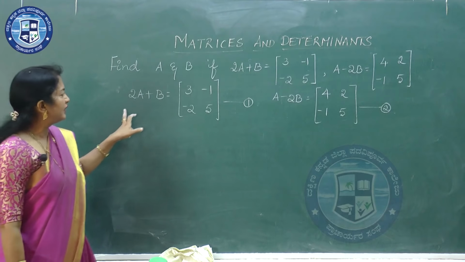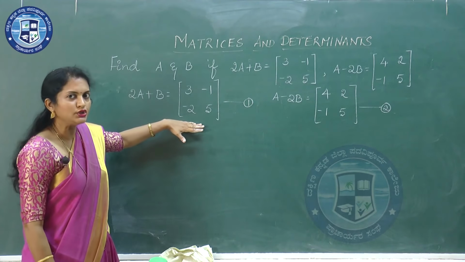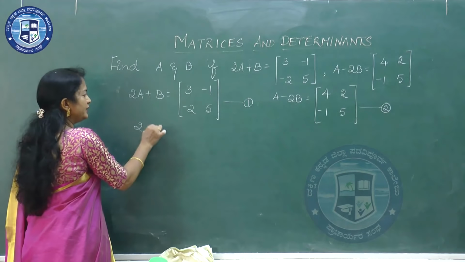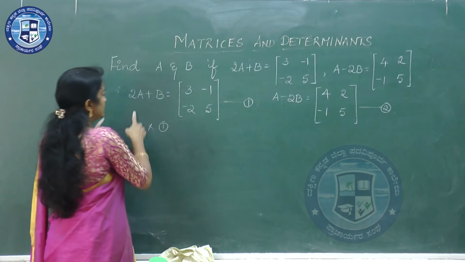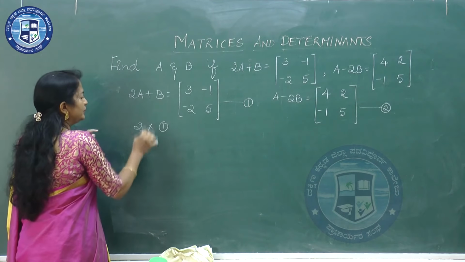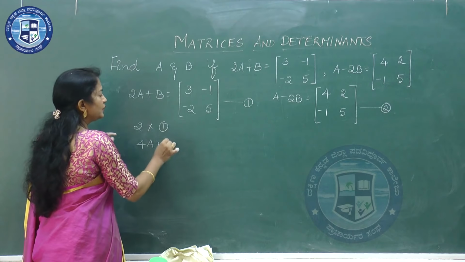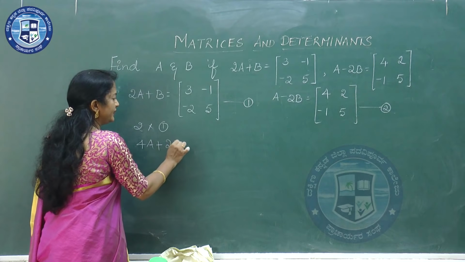Now I will multiply equation 1 by 2, the whole equation. 2 into 2A is 4A plus 2 into B is 2B.